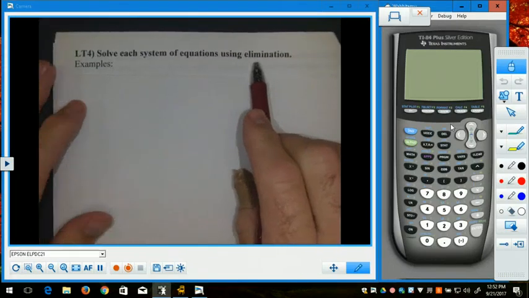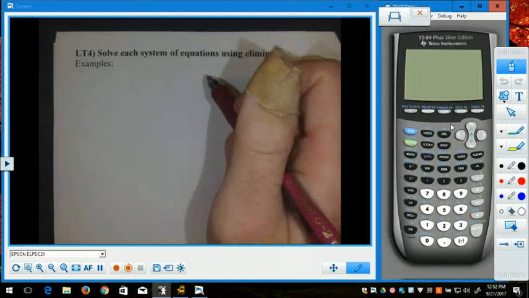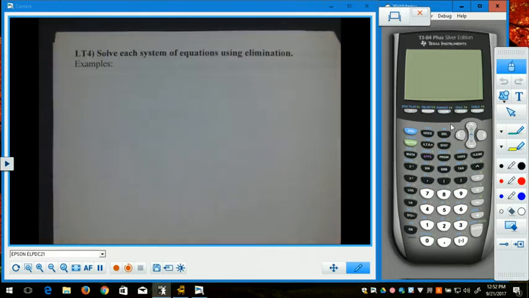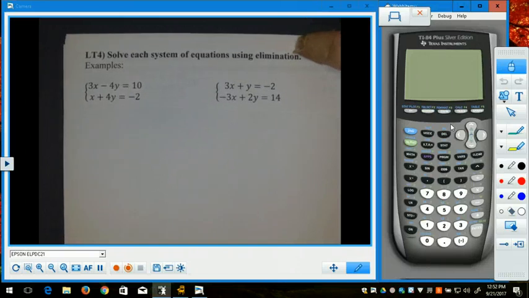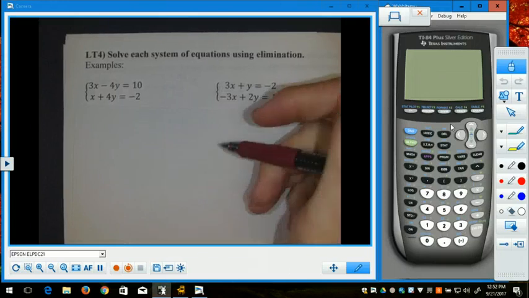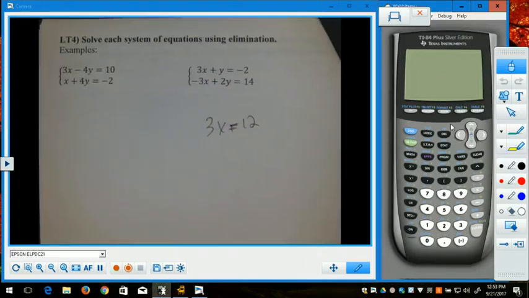The whole goal of elimination, and you don't need to write this down, is to simplify this system by trying to eliminate one of the variables, to make it more like problems we've solved before, like 3x equals 12.